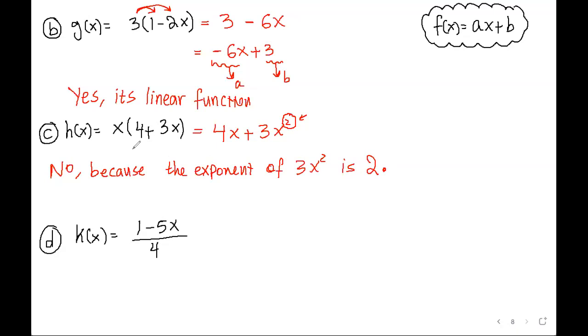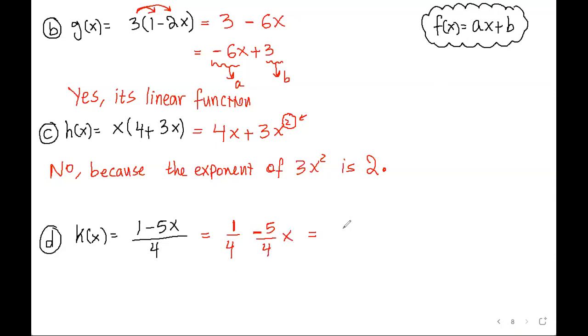For the last one, yes, that's true. Why? Because again, I want to make this one equivalent to the original function. We distribute the 4, which gives me 1 over 4 minus 5 over 4 x.